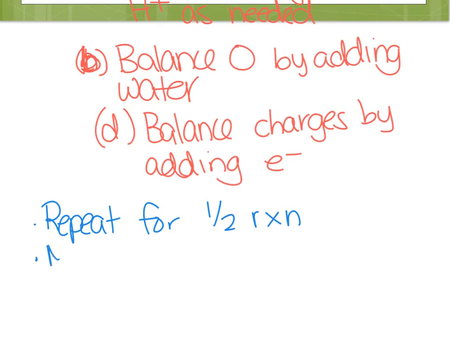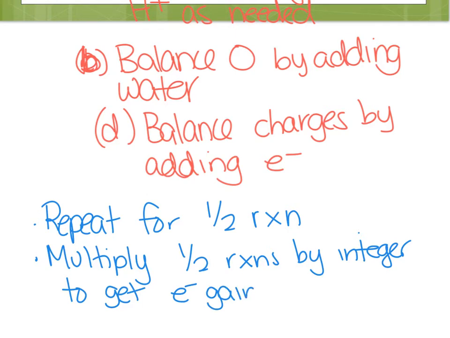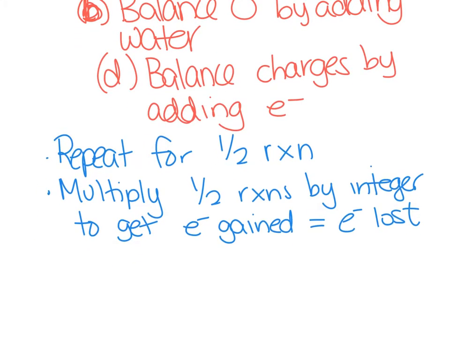Then you need to multiply half reactions by an integer to get electrons gained to equal electrons lost. And then finally, you add them up like you would in math class, and then you cancel what can be canceled.